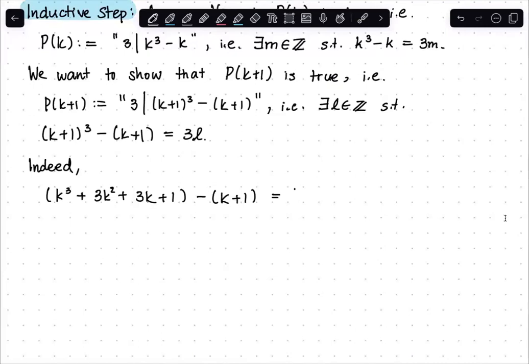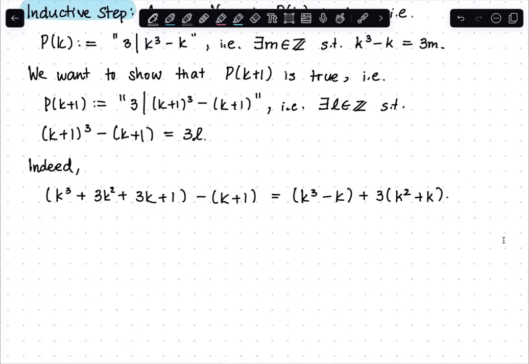Now I could also write k cubed minus k for the first term. And then we have everything else. So the other terms are just going to be plus, we have the 3 outside still, and we have the k squared plus k. So that is what we're left with now.